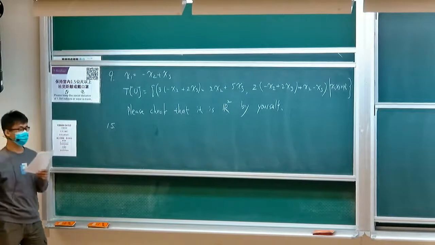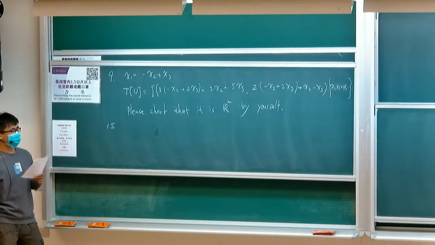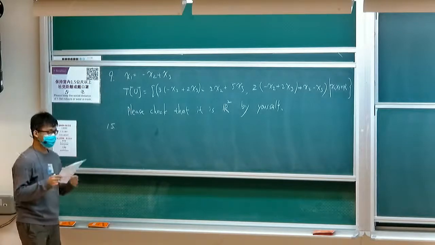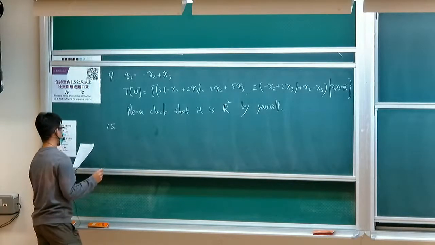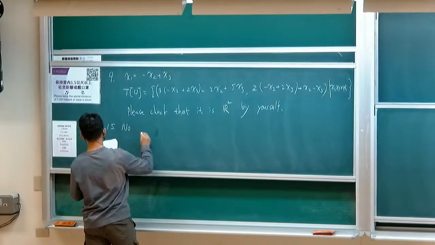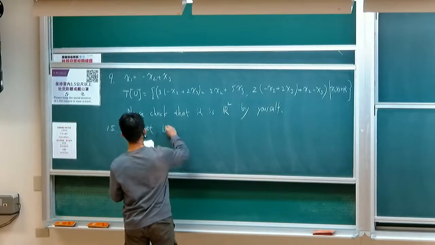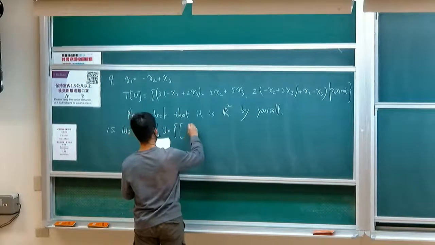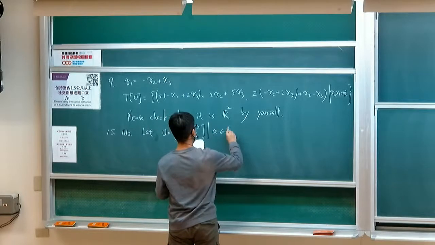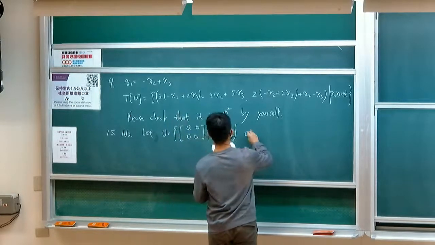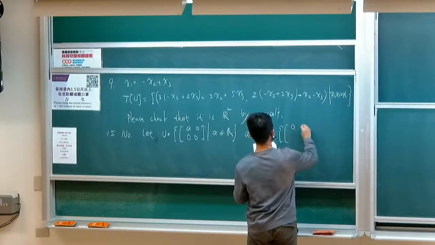For this exercise, the answer is no. The union of two subspaces is not necessarily a subspace. Here we provide a counterexample. We let U be this kind of set, and W be this kind.